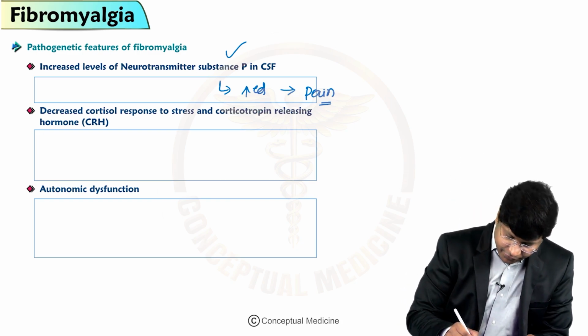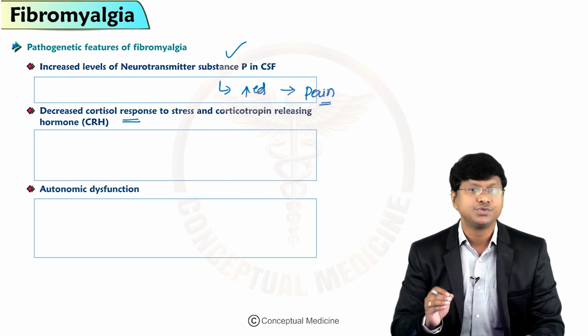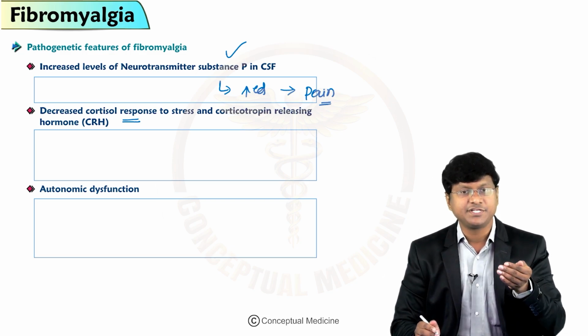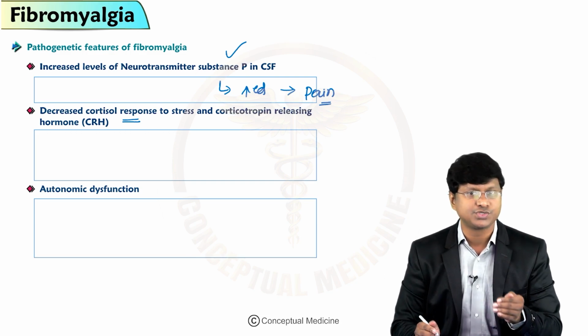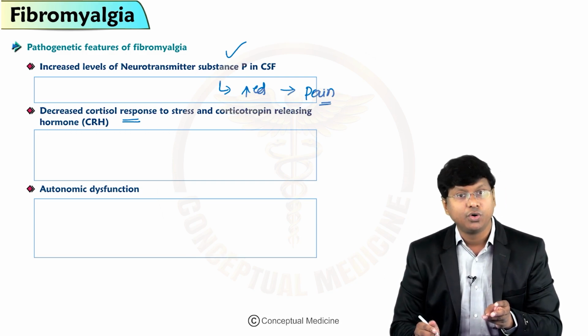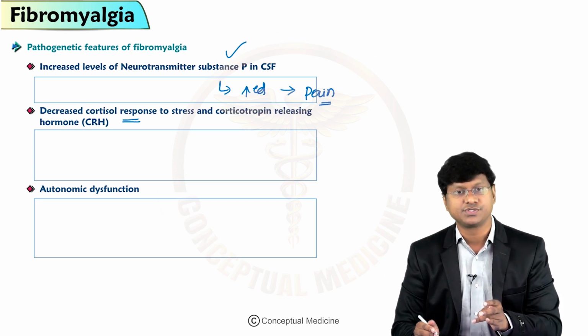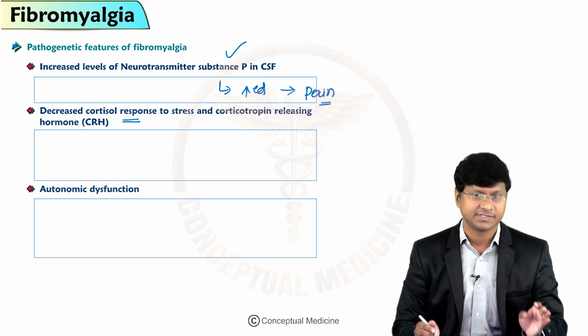Okay, next, decreased cortisol response to stress and corticotropin releasing hormone. See, patients with fibromyalgia have decreased cortisol response to stress, and there will be low urinary free cortisol and a diminished cortisol response to CRH, which suggests an abnormal hypothalamic pituitary adrenal axis.